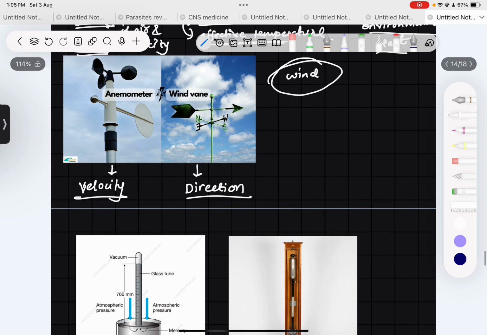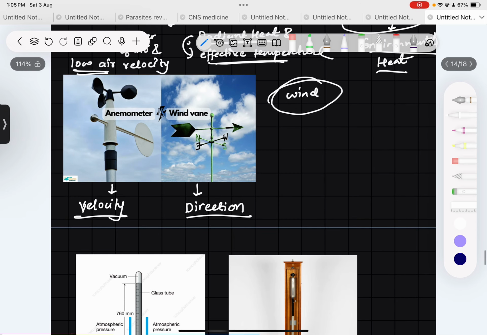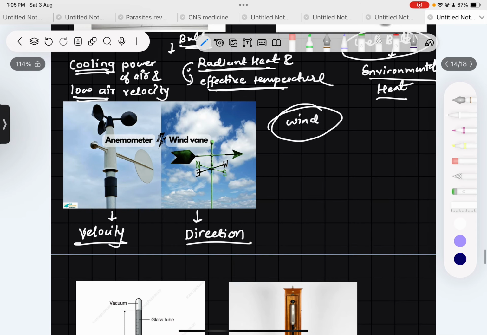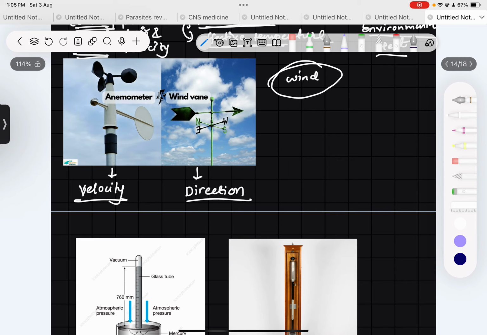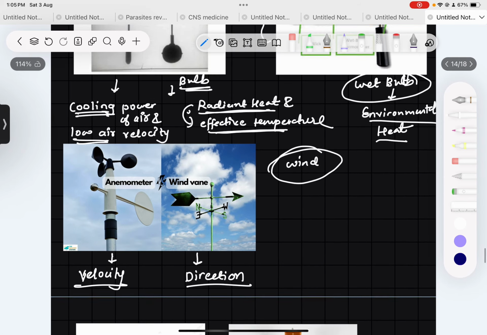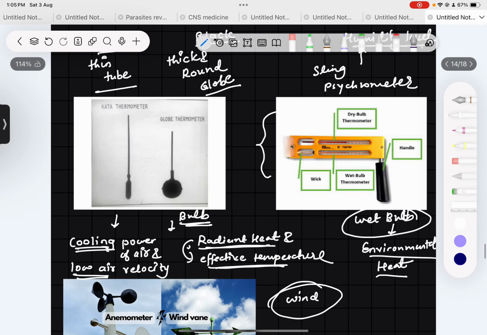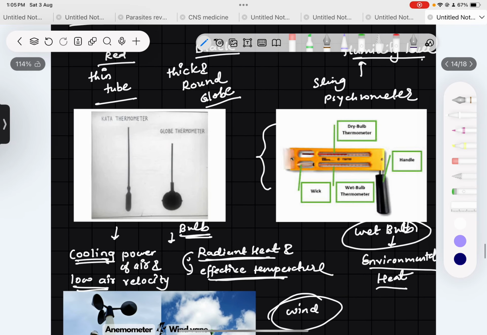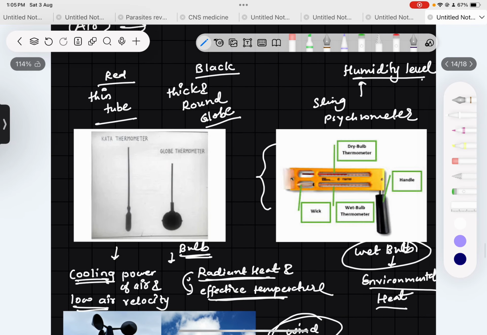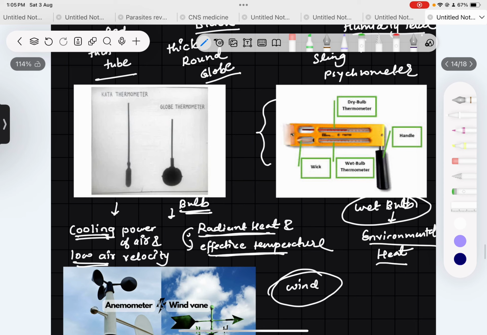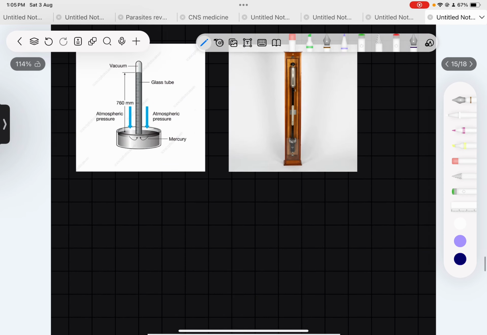So this is velocity and this is direction. As you can see here, it is an arrow pointing towards the direction in which the wind is flowing. And in this it is going to measure the velocity. So two about the wind, this was about the humidity, the psychrometer, and these two about the temperatures.